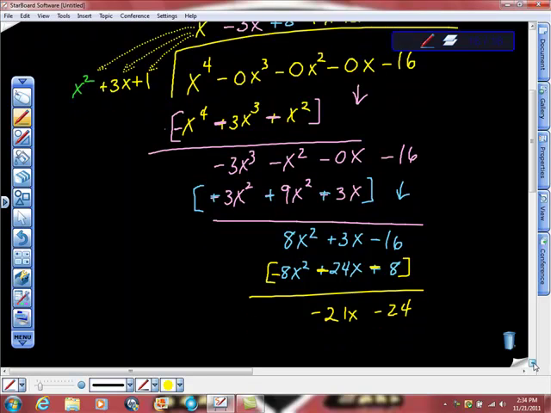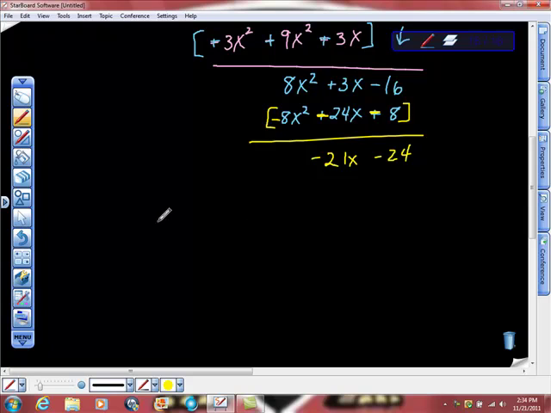And just a quick reminder of why I did it this way. This is what they say. They say f of x is equal to p of x times q of x plus r of x, where r of x is the remainder. And that's just absolutely true. This is not a big deal, the way we set this up at the end. Think about it this way.